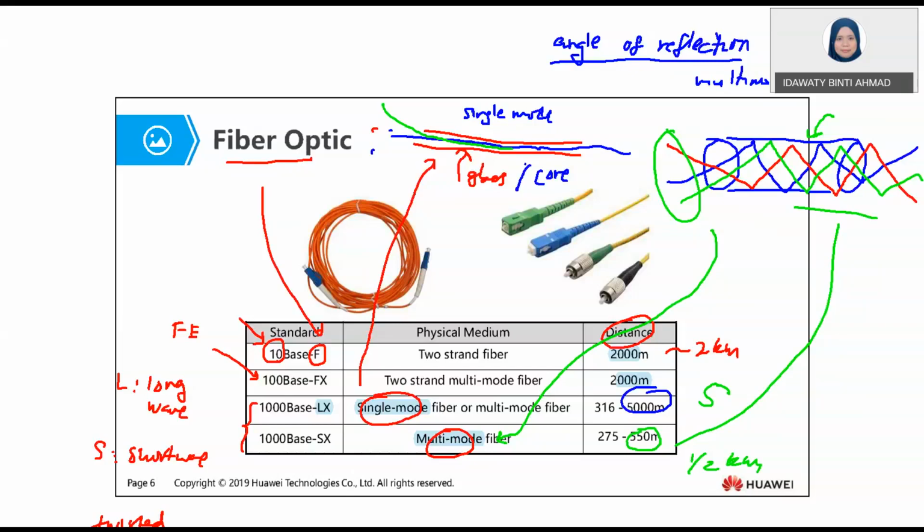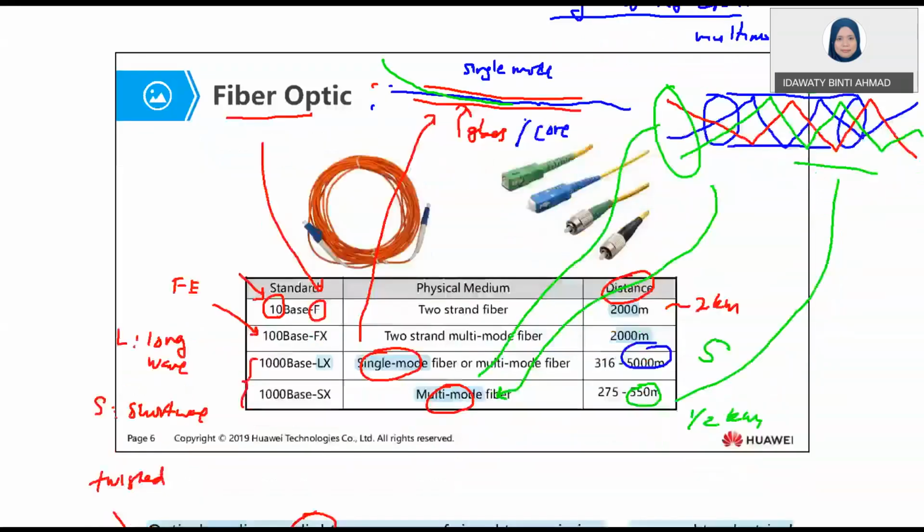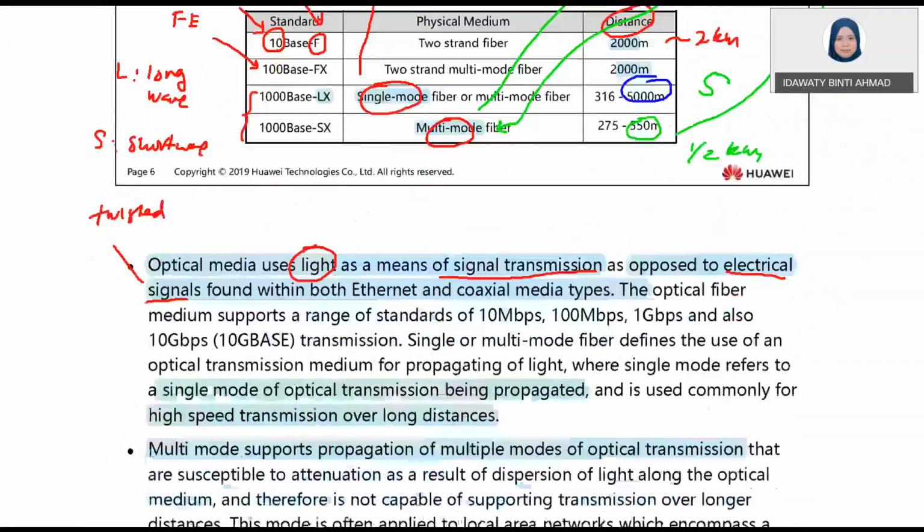So that's the difference. But here you can have multiple signal rays, in this case the blue, the green, and the red part. So if you use single mode here, you can get a high speed because the signal goes very straight forward, and it can cover a long distance.